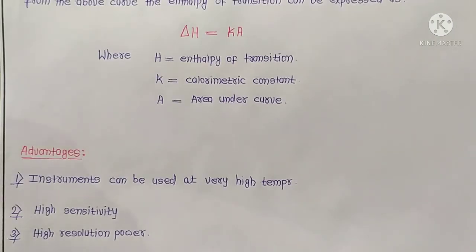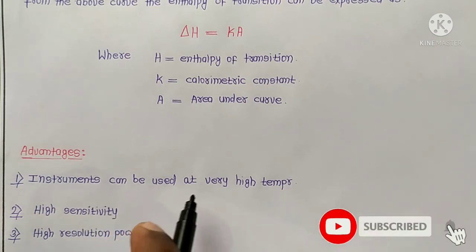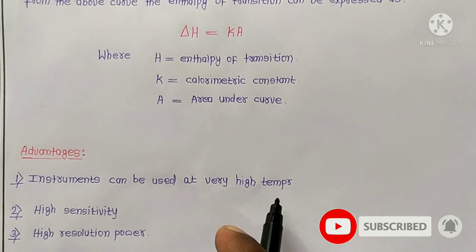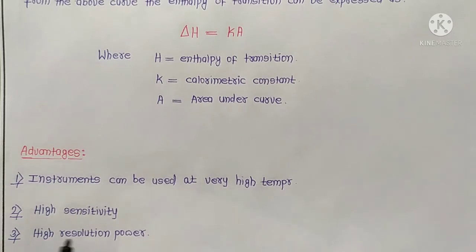The instruments used in differential scanning calorimetry have very high sensitivity as compared to the other instruments such as DTA and TGA, and they have high resolution power as compared to the other thermal analyzing techniques.